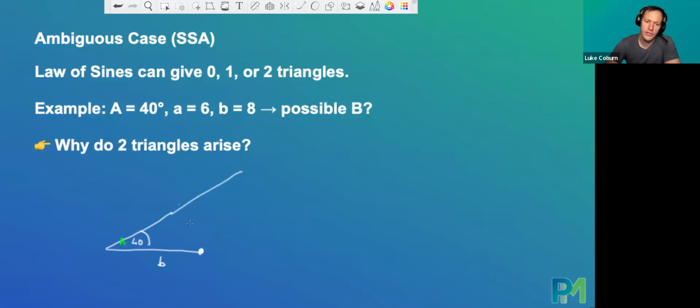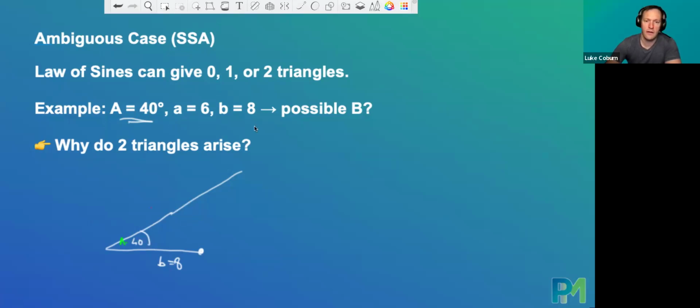And I have the following situation. So this is my A, and my angle 40 has been put in. My side b is equal to 8 has been put in. Okay, so the angle B would be over here, right? So what's ambiguous about this?